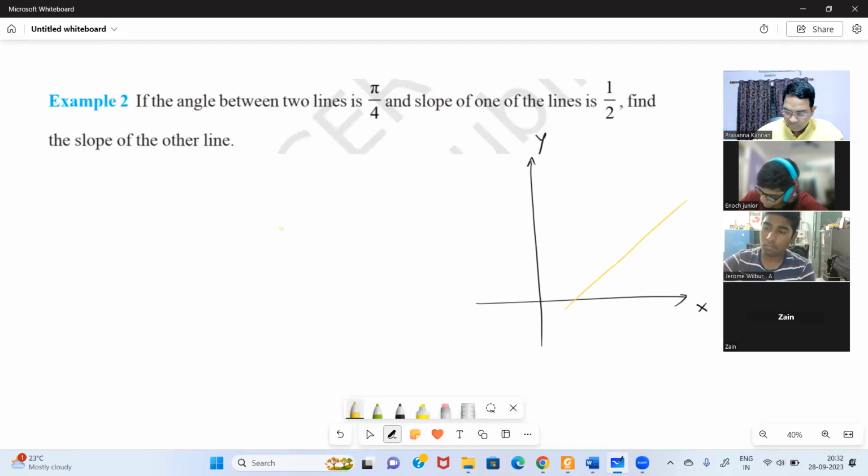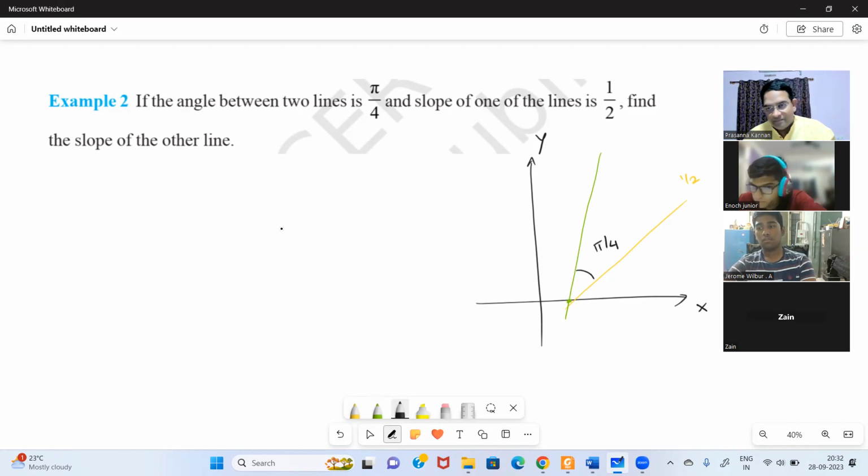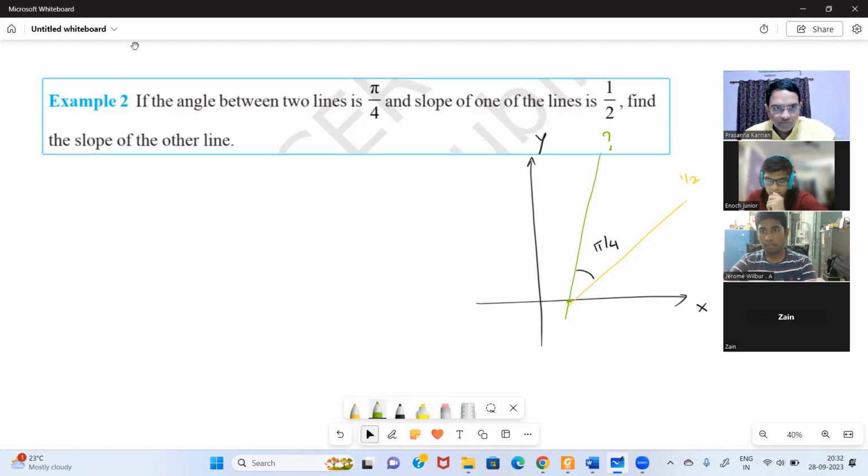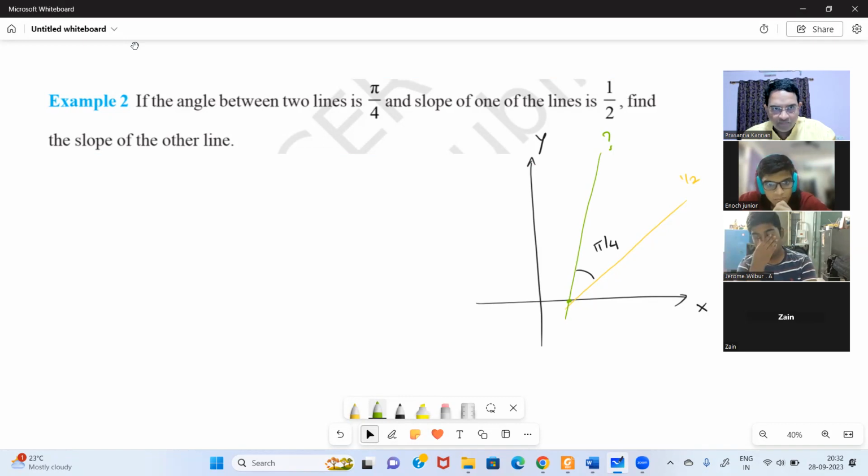And what is the slope? 1 by 2. We have another line. What is the angle between the two lines? Pi by 4. What is going to be the slope of this line? That's the question. Is it clear? One second, students. Just try this now.